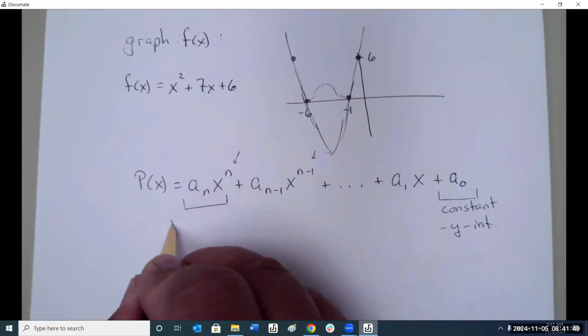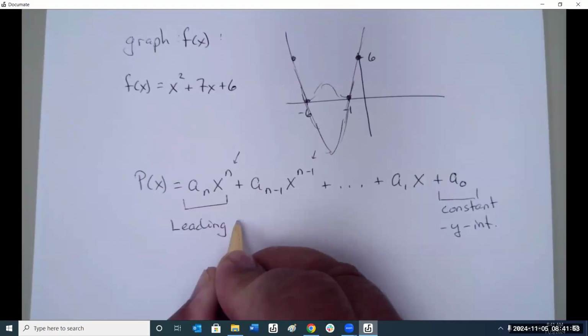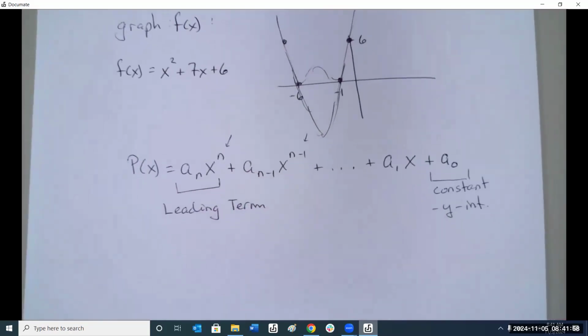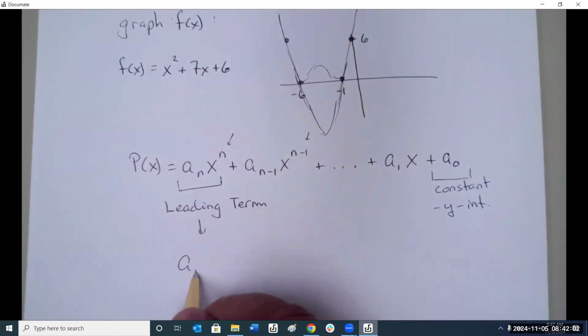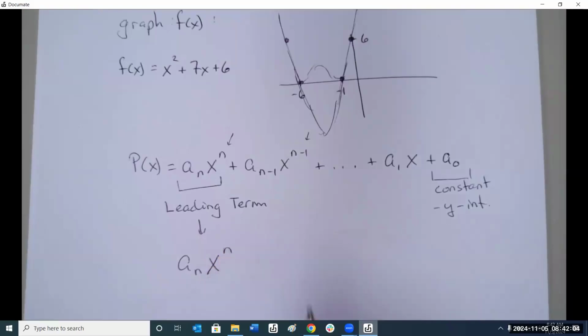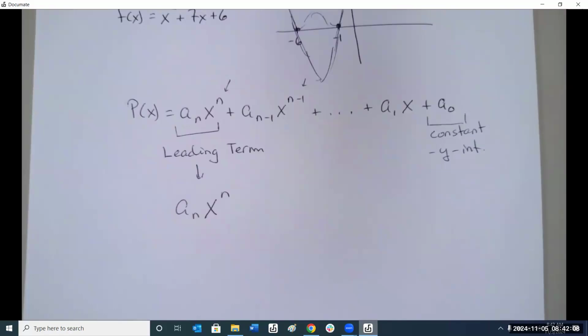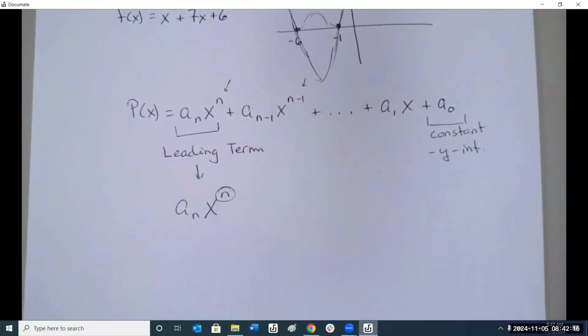This first one is called the leading term. The leading term tells us a lot, actually. What is the name of the exponent of the leading term?